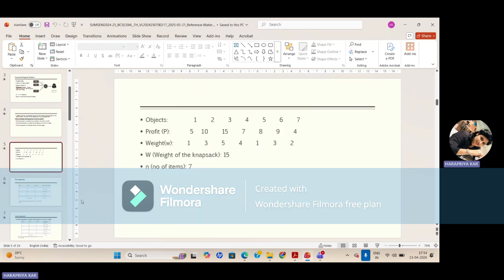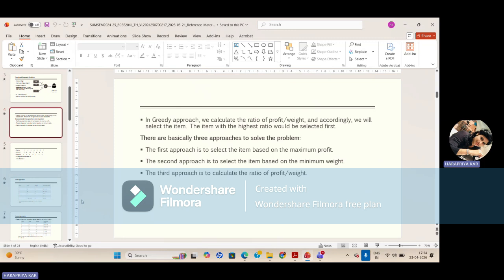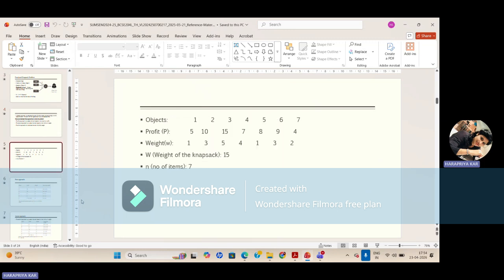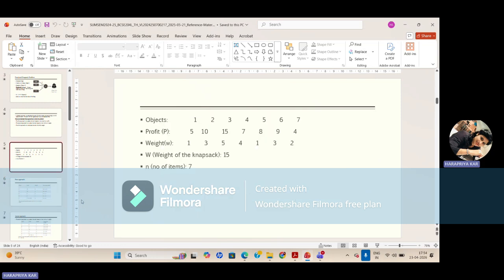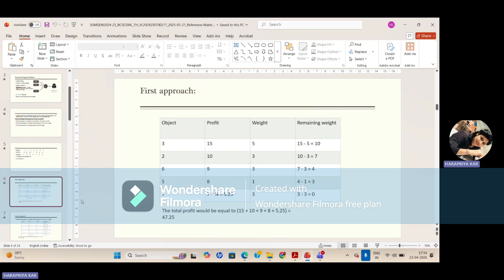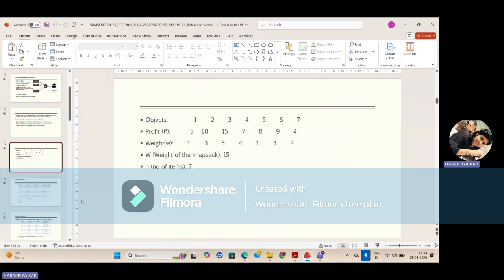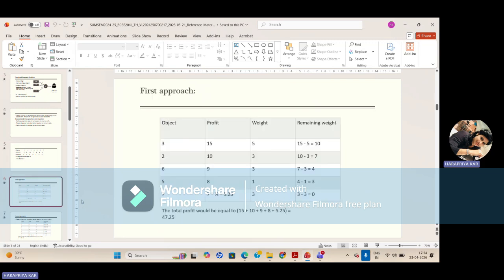Object 3 has the maximum profit, 15, and its weight is 5. Next maximum profit is object 2. The profit is 10, and the weight is 3.